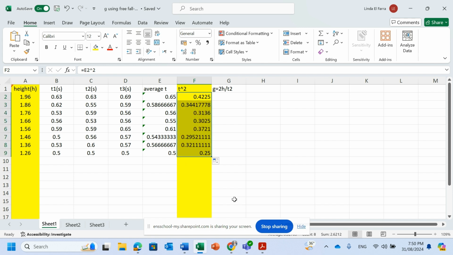Now, to make sure of the accuracy of my measurements, we need to calculate the value of g using the kinematic equation, the same equation. If we calculate the value of g and it matches the standard value of g, which is 9.81, that will confirm our measurements are accurate.